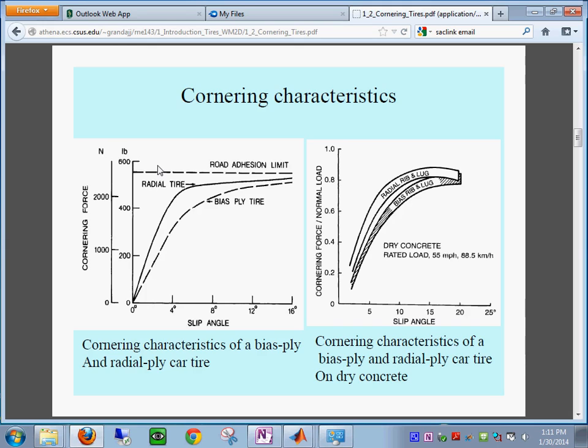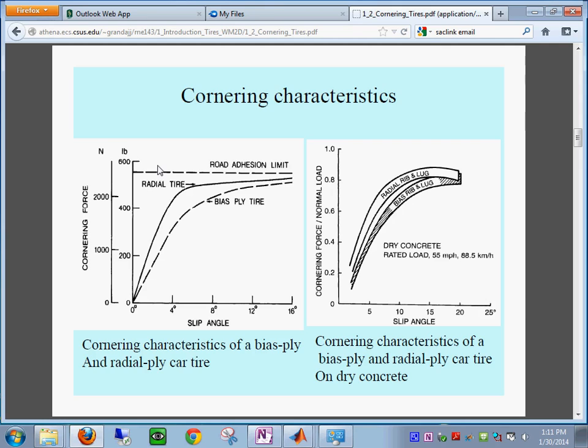This is some cornering characteristics of tires, like slip angle. Normally a slip angle is about 5 to 8 degrees. But what is a slip angle? I always have had trouble with this, but I finally understood it. If the car is going in this direction, now you decide to turn.